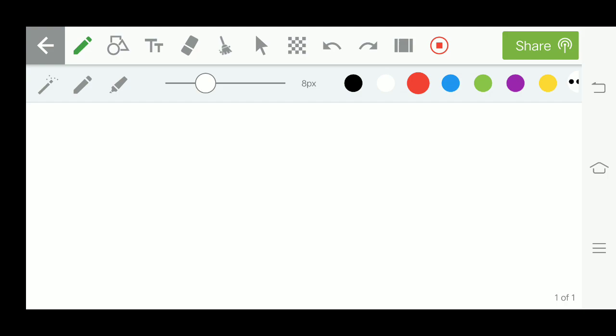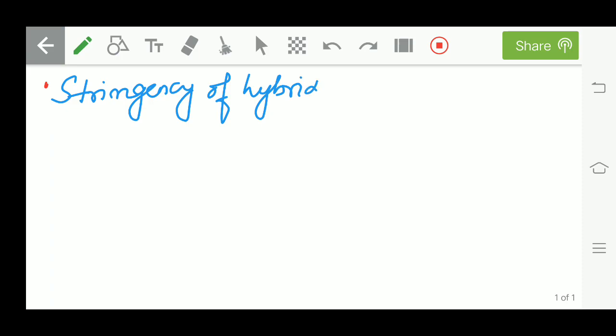Now, your next point of discussion is the stringency of the hybridization reaction. What do you mean by stringency of hybridization? Stringency means specificity, perfection.